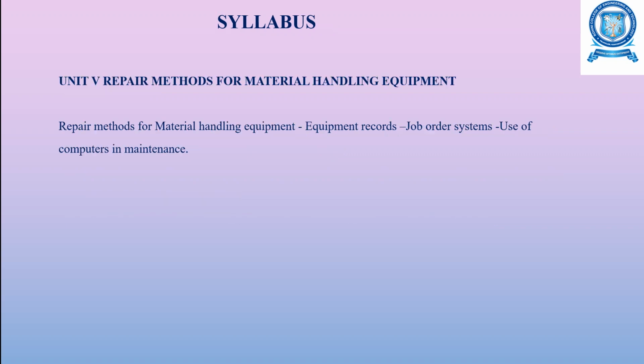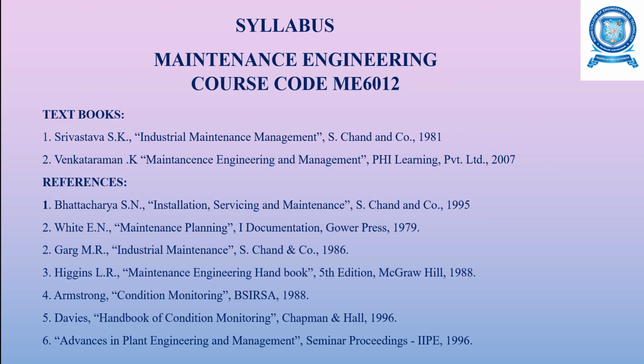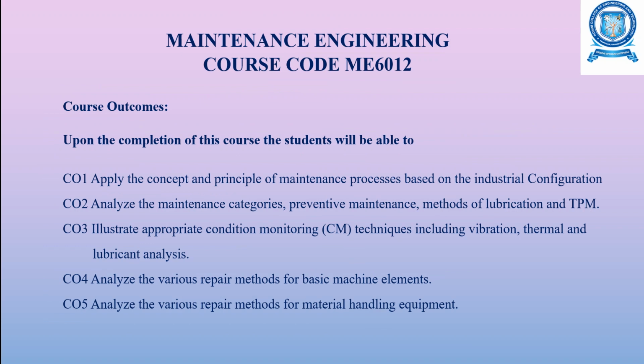And the syllabus for the 5th unit, repair methods for material handling equipment, records, job order systems, and use of computers in maintenance. So these are all the textbooks and reference books for this maintenance engineering course.